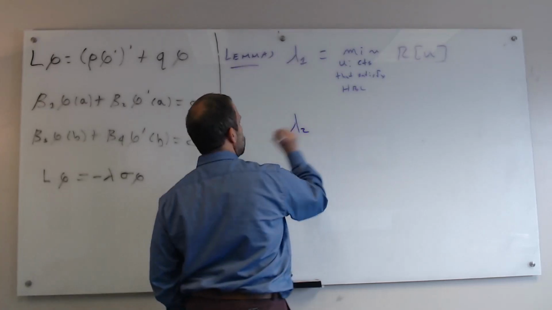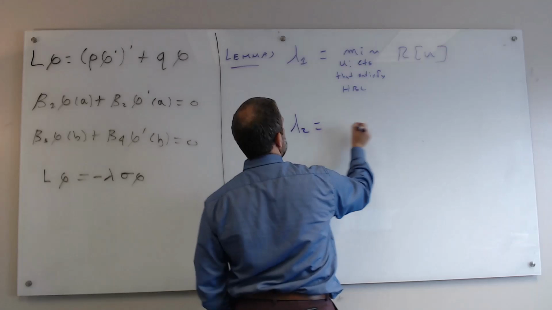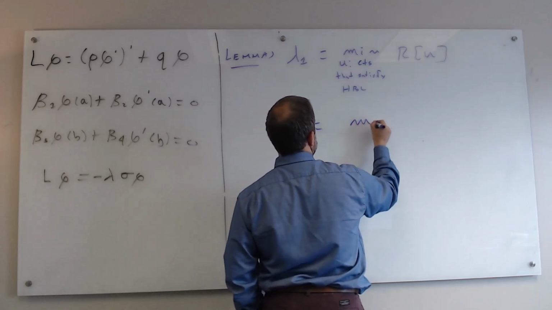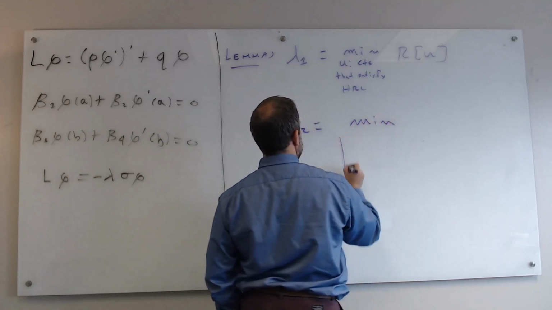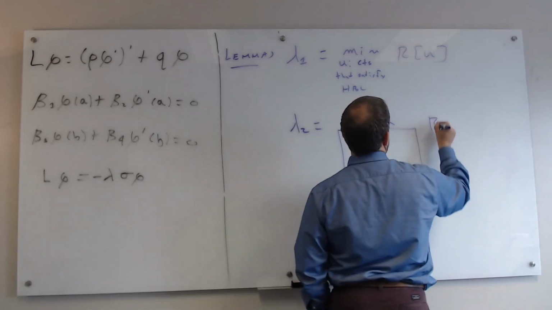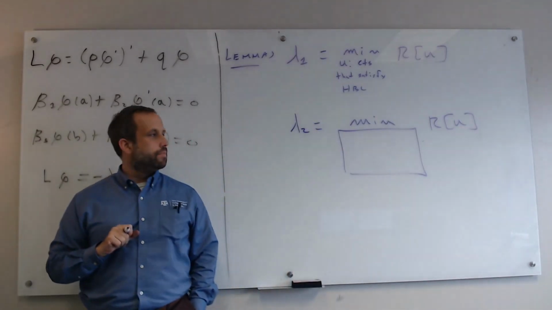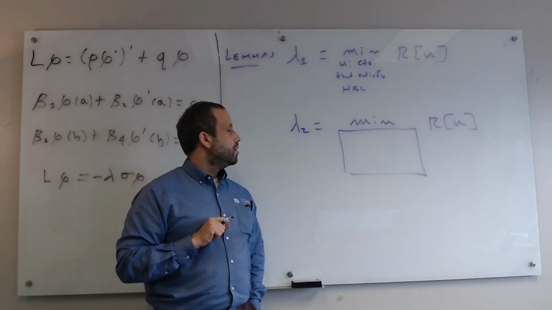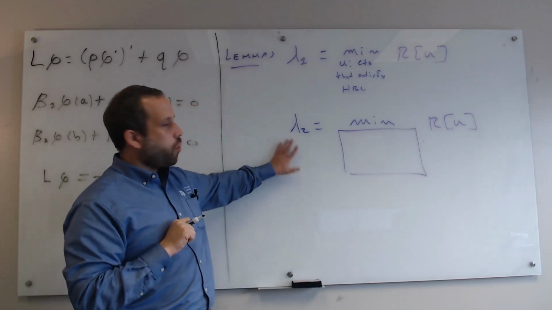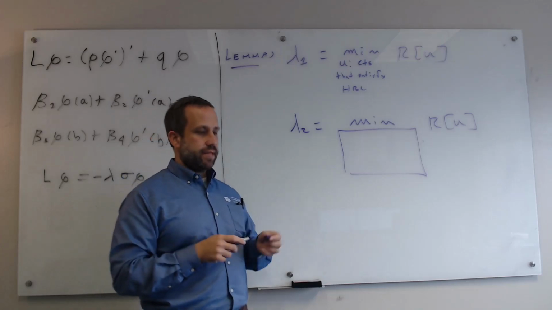If you go through the proof, you'll be able to figure out something about lambda 2. Lambda 2 is equal to the minimum, and I'm going to let you figure out what the minimum needs to be taken over, of R of u. And then once you get what lambda 2 is, you'll be able to see a general formula for lambda k.